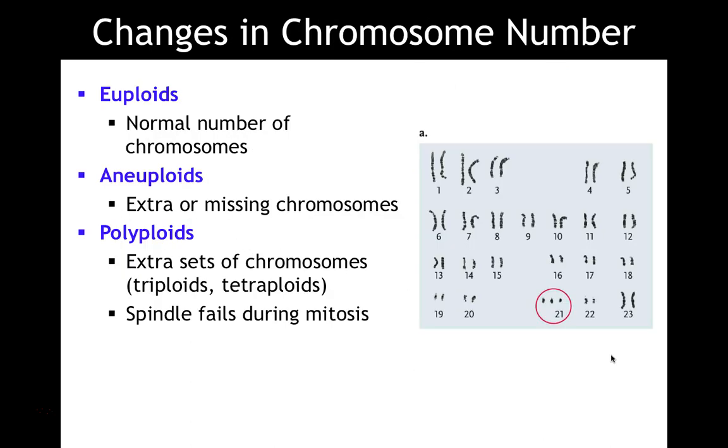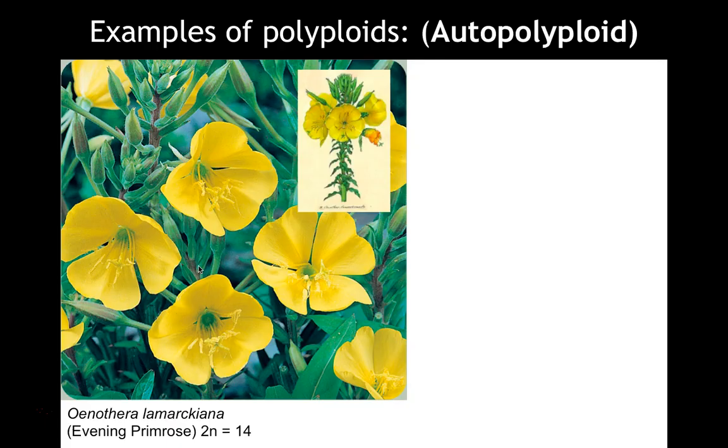But we can also have entire doubling or tripling or quadrupling of genomes. We call these polyploids. Polyploid individuals often have a really different genetic makeup, where they end up with more copies of different genes, and new species can arise via these polyploid events.